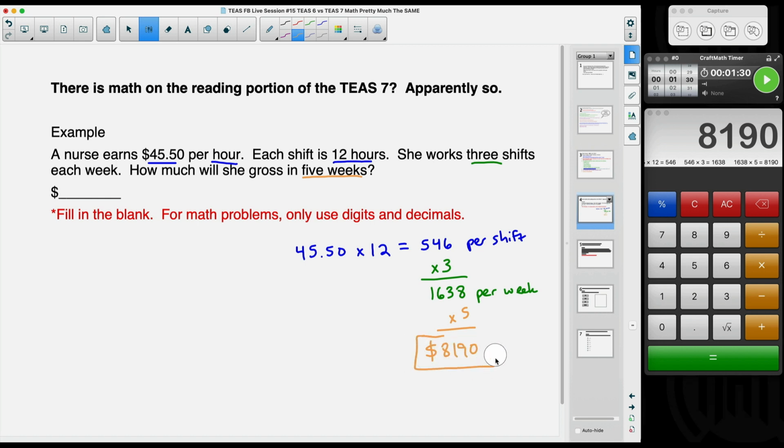Now, some other things to point out to you all is that if it's a money problem, you don't want to type in any dollar symbols. Sometimes you'll type in decimals, sometimes you won't. For this one right here, and it'll tell you what to type in and what not to type in. So therefore, in this case here, you would just type in 8,190. This is an example of a fill in the blank, and yes, it was popping up on the reading portion.